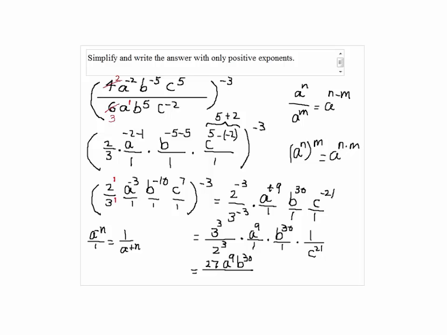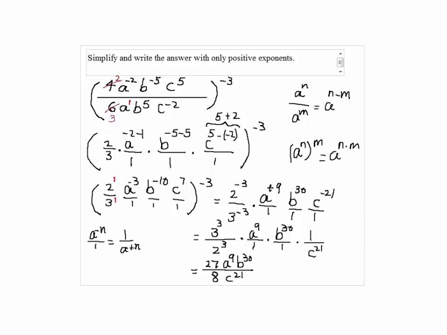So 3 to the power of 3 is 27. a to the power of 9, b to the power of 30, over 2 to the power of 3, which is 8, times c to the power of 21. And all the exponents are positive now.